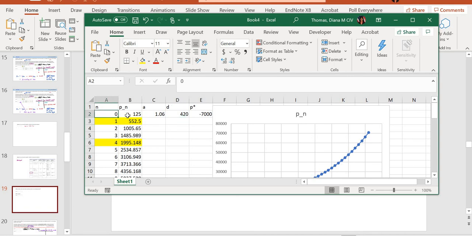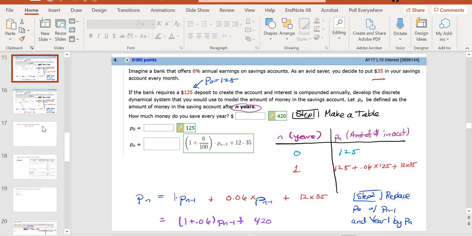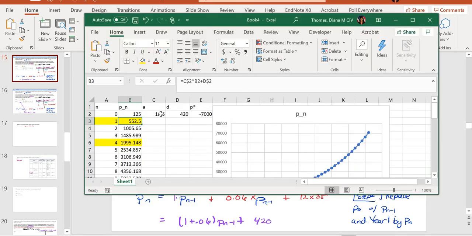My initial condition went up here, and then I have, what was my initial condition, by the way? 125, so it's correct. And now that I have the initial condition in here, I put in my A, I put in my D, my P star is automatically calculated, and because I made it so, notice it's the formula D over 1 minus A. And then just to remind you, the formula I'm scrolling down is $C$2 times B2 plus $D$2.